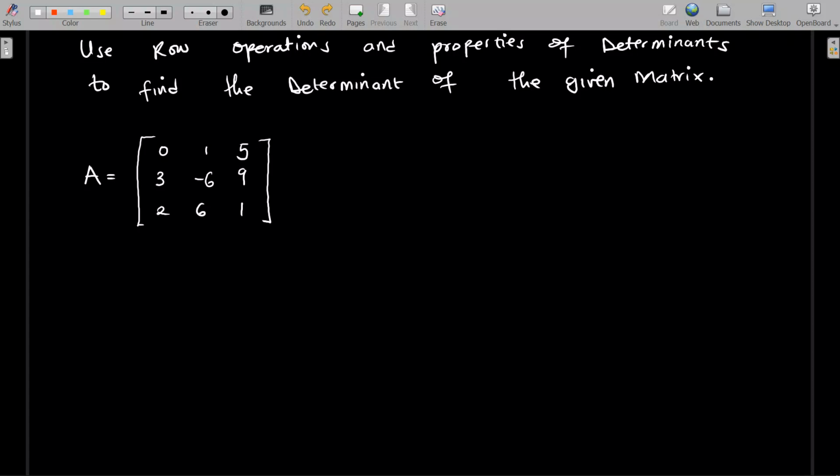The problem is, why do you want to use row operations to find a determinant? Because row operations will reduce the matrix to a triangular matrix, right? And we know how to find the determinant of a triangular matrix by just multiplying the diagonal entries. So to start with, I'm going to start with what we call Gaussian elimination here with partial pivoting.